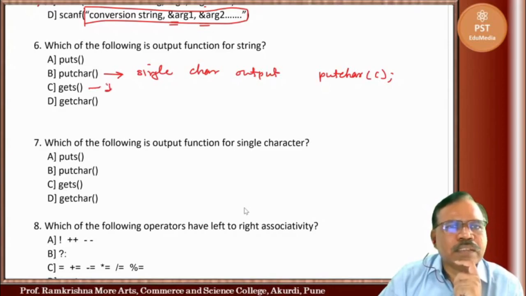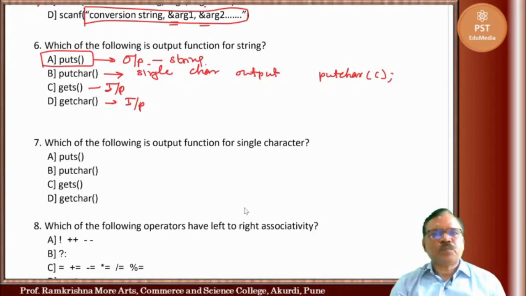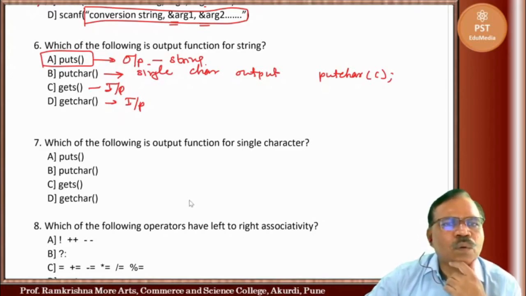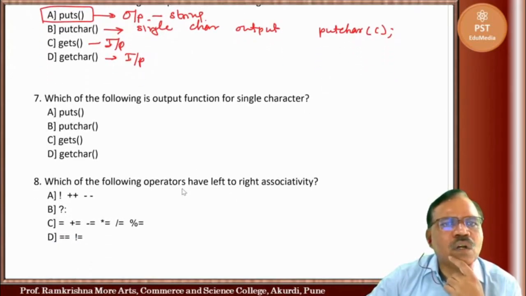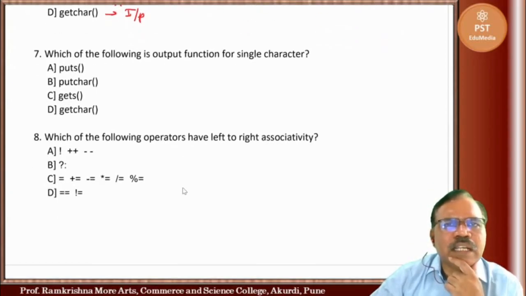This is an input function. This is also an input function, and this one is the output function for a string. Now which of the following is an output function for a single character? So here it is putchar.